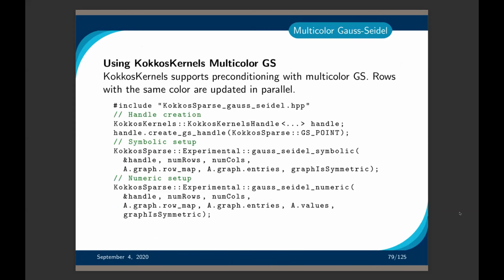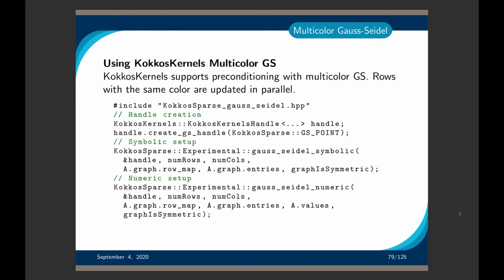So to use this, we create a handle. We create the sub-handle for Gauss-Seidel. And here we're choosing GS point, which is the algorithm enum value for multicolor. And we have a separate symbolic and numeric setup. Symbolic does the bulk of the work because it does the coloring of A, so you can reuse that if just the values of A were to change in the future.